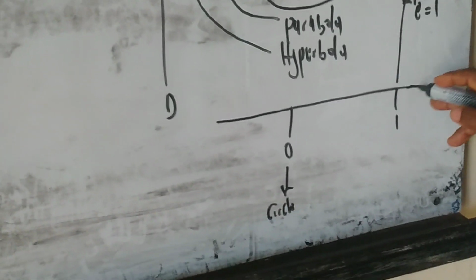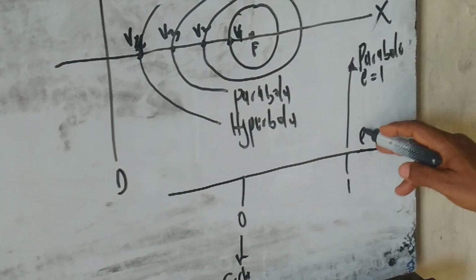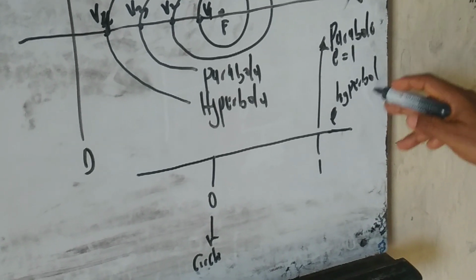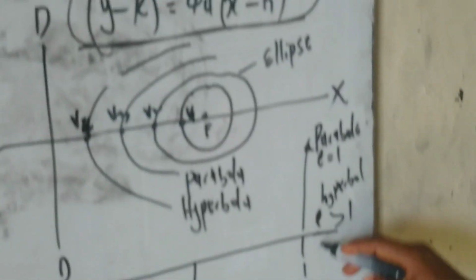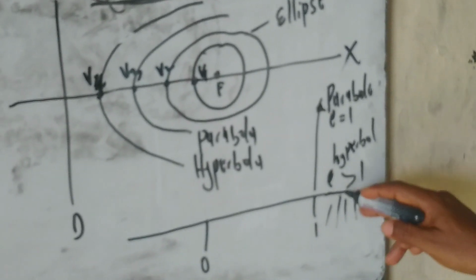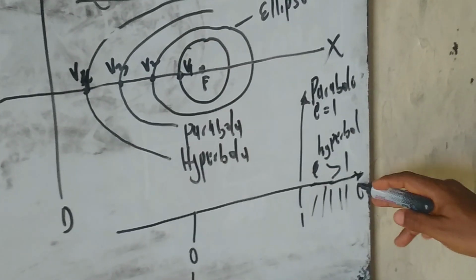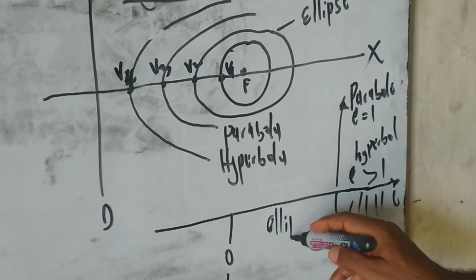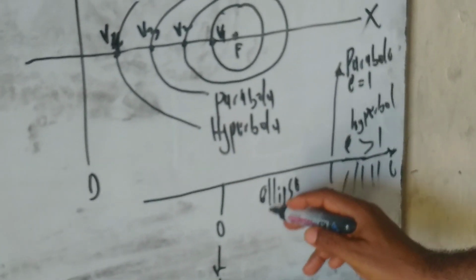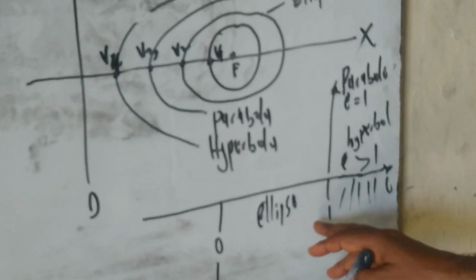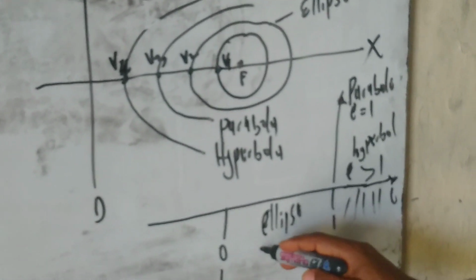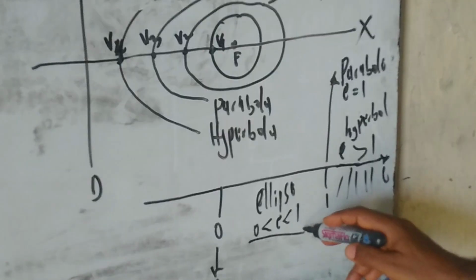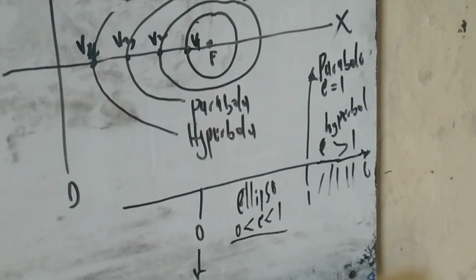The eccentricity of a hyperbola is said to be greater than 1. So it's on this side of the eccentricity axis. And the eccentricity of an ellipse is between 0 and 1, that is, 0 less than E and E less than 1.